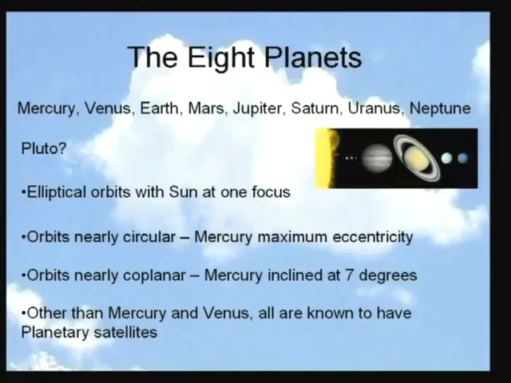So, there are 8 planets in the solar system, and this is the same picture again of the sun. This is the sun, and these are the 8 planets shown over here. The sizes of the planets are to scale.